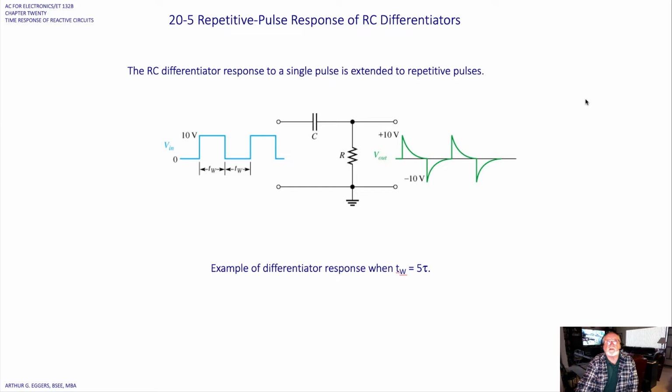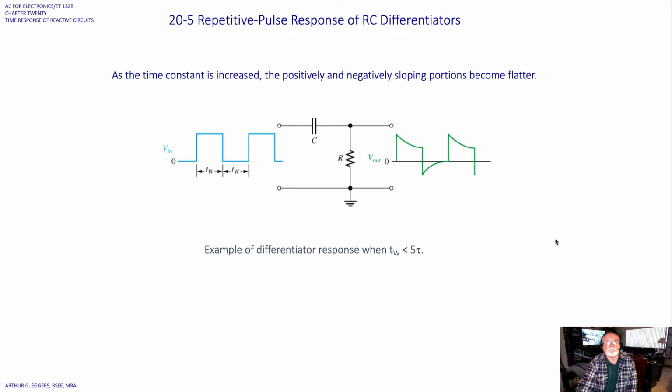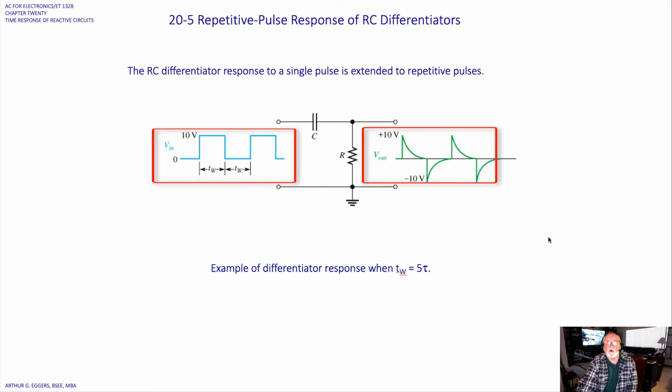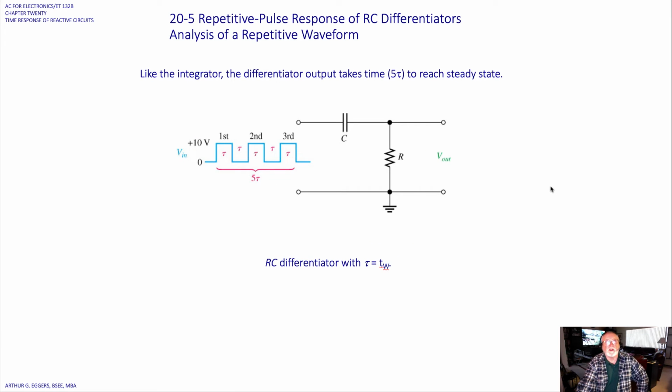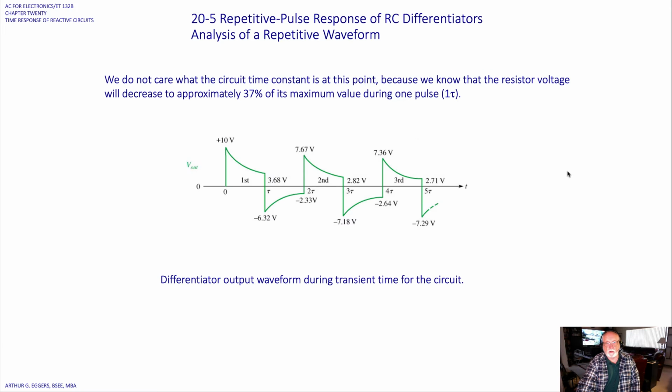The RC differentiator response to a single pulse is extended when we look at repetitive pulses. So we can see how the waveforms change here with repetitive pulses as we move through the RC differentiators. Like the integrator, the differentiator output takes 5 time constants to reach its steady state. So there's your input, 1, 2, 3, 4, 5 time constants to get to the output.